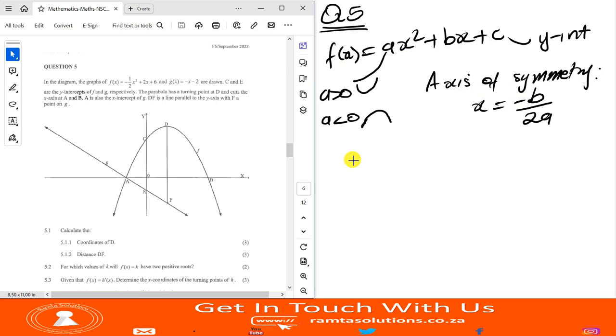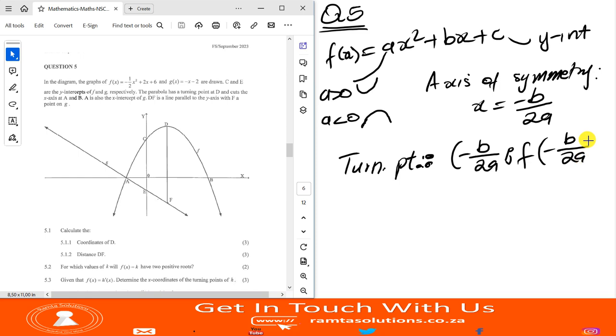Now your turning point: you will substitute that axis of symmetry into your f of x. In other words, it will be f of negative b over 2a. This will give you the turning point.